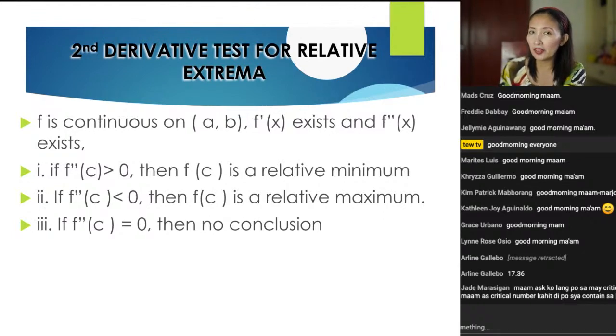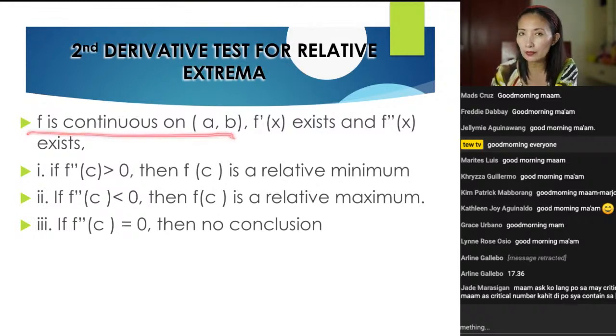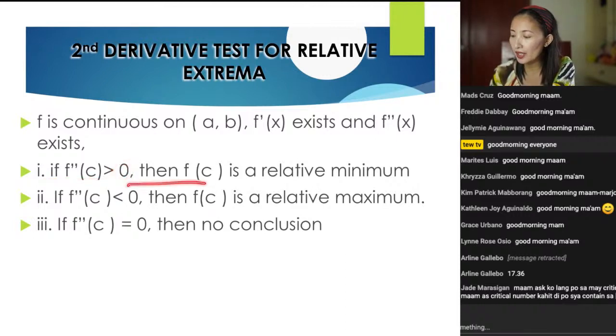Now, if there is a first derivative test, we also have a second derivative test. The second derivative test says if f is continuous on the interval AB, meaning no gap, and f prime of x exists, and f double prime of x exists, if f double prime, this time second derivative, is positive or greater than 0, then f of c is a relative minimum.